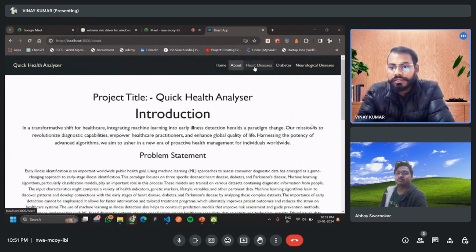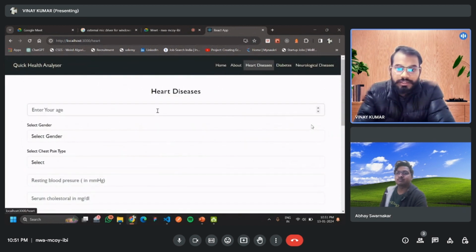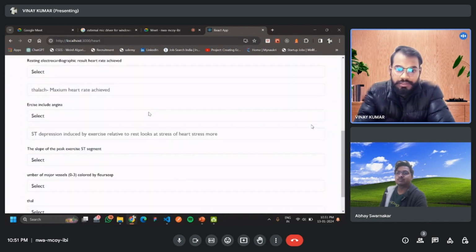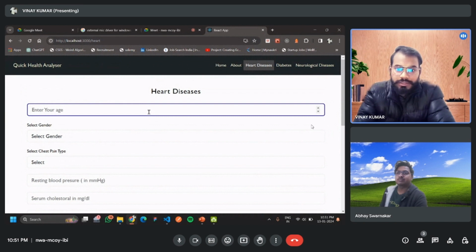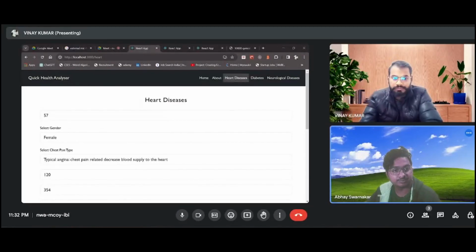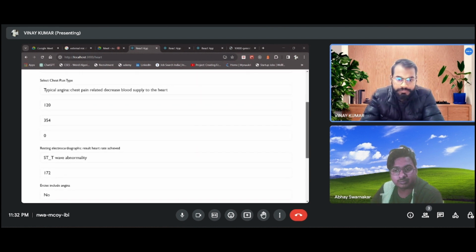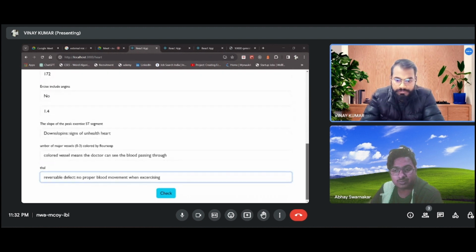Now here is the heart disease section. Here you have to fill in the information, and we will get the result about whether you have the disease or not. Let's fill in the information. Okay, now we have filled in the data. As you can see in the form, here is the information about the disease.